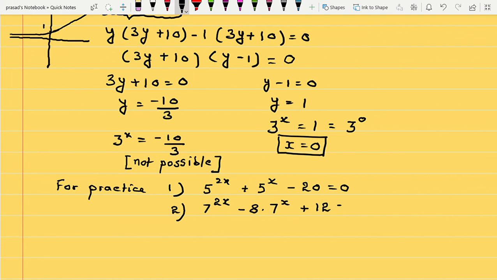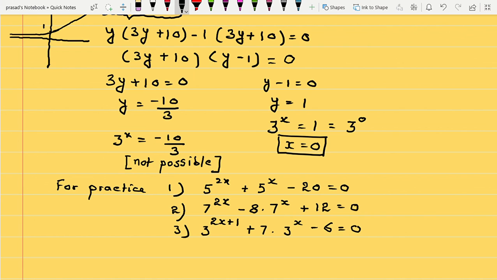equal to 0. Then the third one, 3 to power 2x plus 1 plus 7 into 3 to power x minus 6 equal to 0.